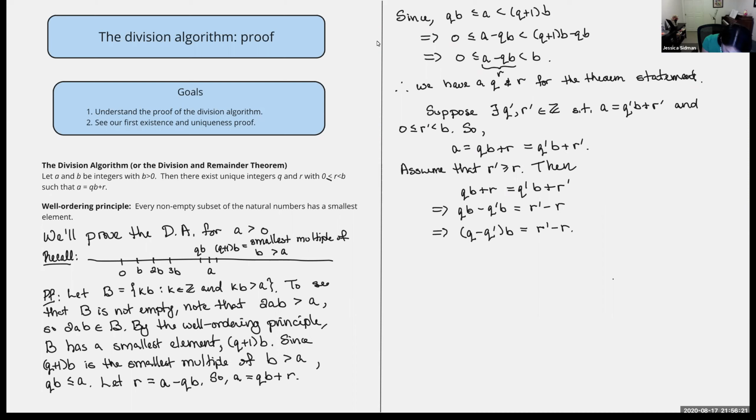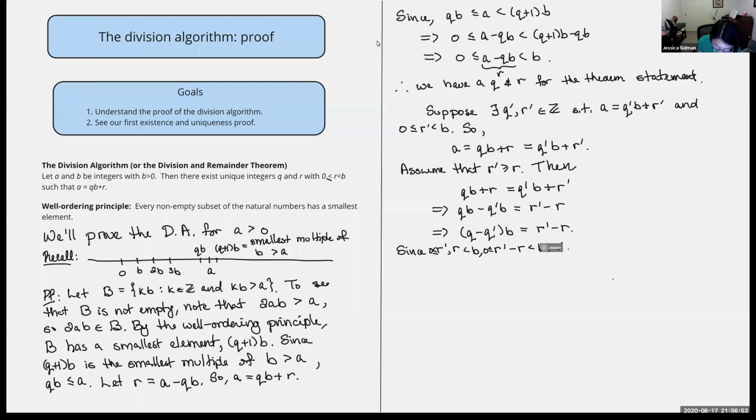So since R prime and R are bigger than or equal to 0 and less than B, R prime minus R has to also be bigger than or equal to 0 and less than B. So the only way R prime minus R could be a multiple of B is if R prime minus R is 0.